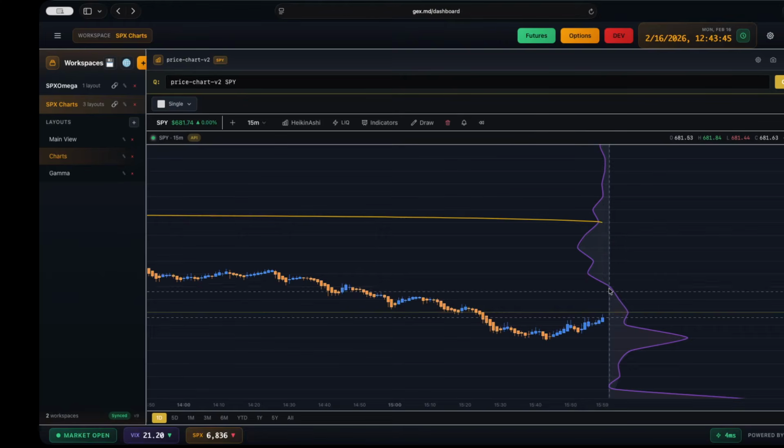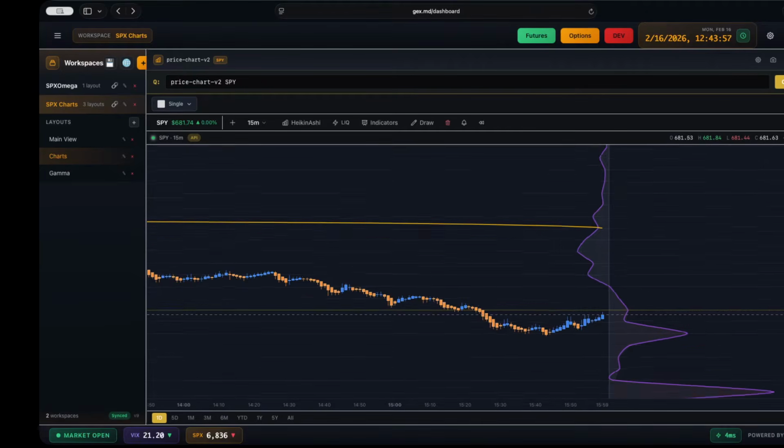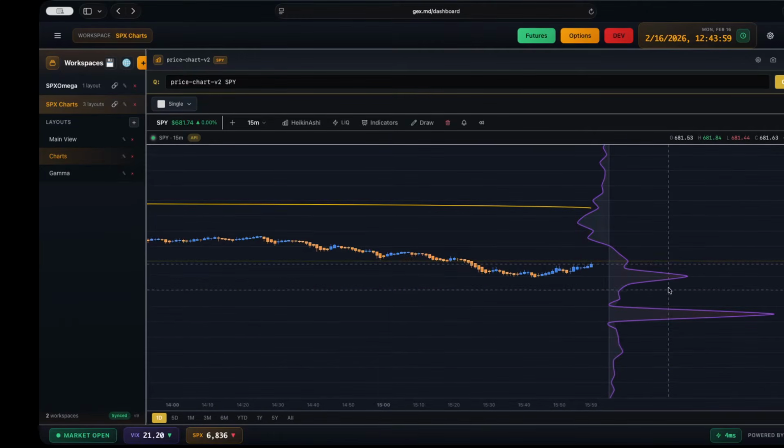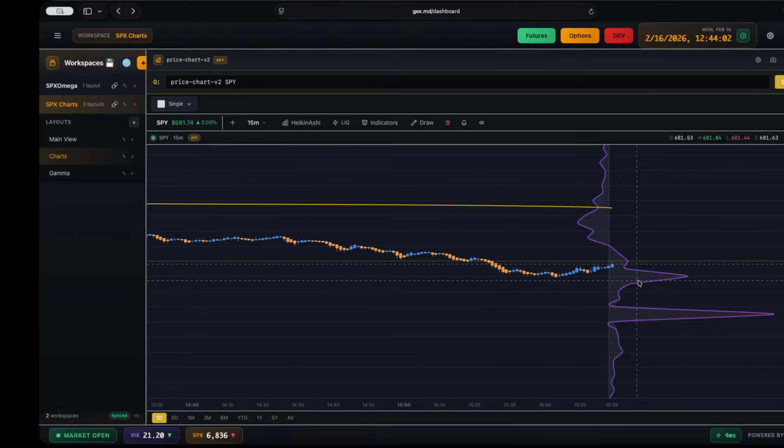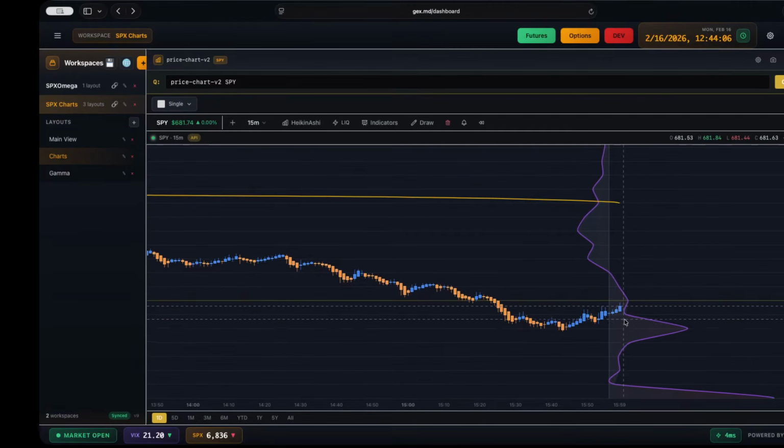So, see, the price goes through this from the left to the right. I mean, they're crossing from put territory to call territory. So right now, we're still on the put side. Then right here, it is put.